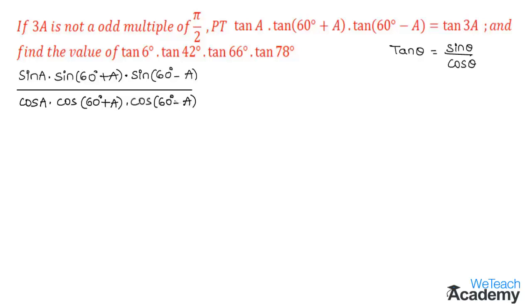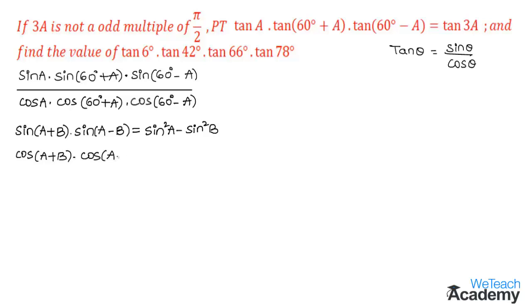And here, by observing, we can see that by using the formula sin (a plus b) into sin (a minus b) is equal to sin square a minus sin square b, and in the denominator, by using the formula cos (a plus b) into cos (a minus b) is equal to cos square b minus sin square a.